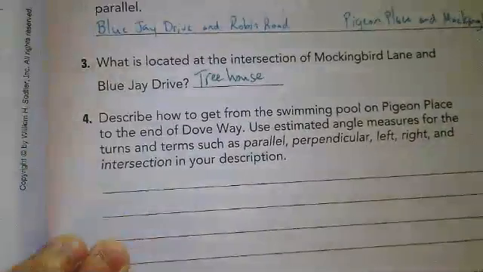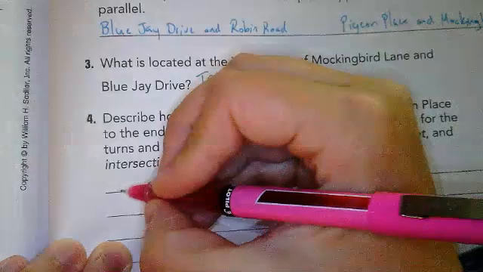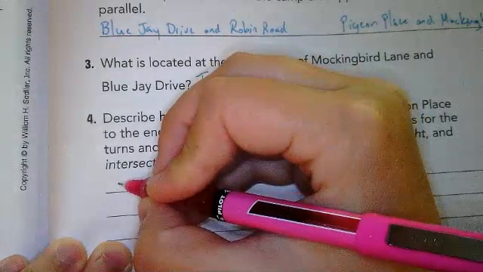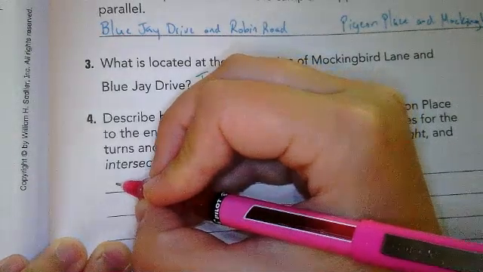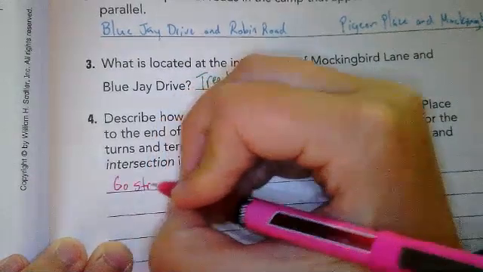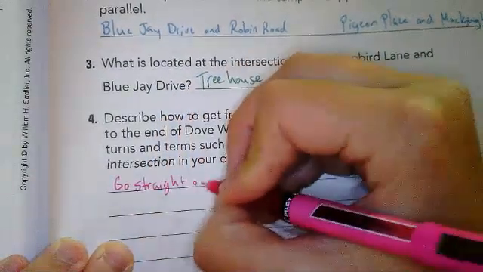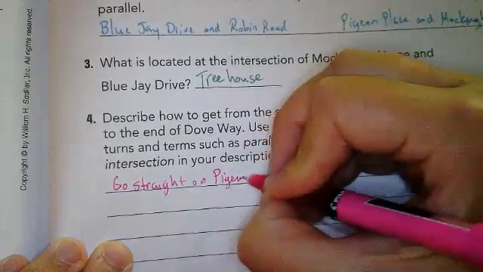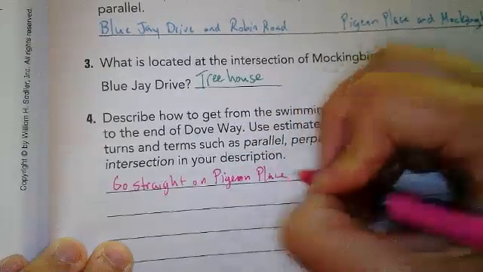She's got all the information, we just need to organize it into a sentence, but we're going to go straight on Pigeon Place, right? I gotta start on Pigeon Place.